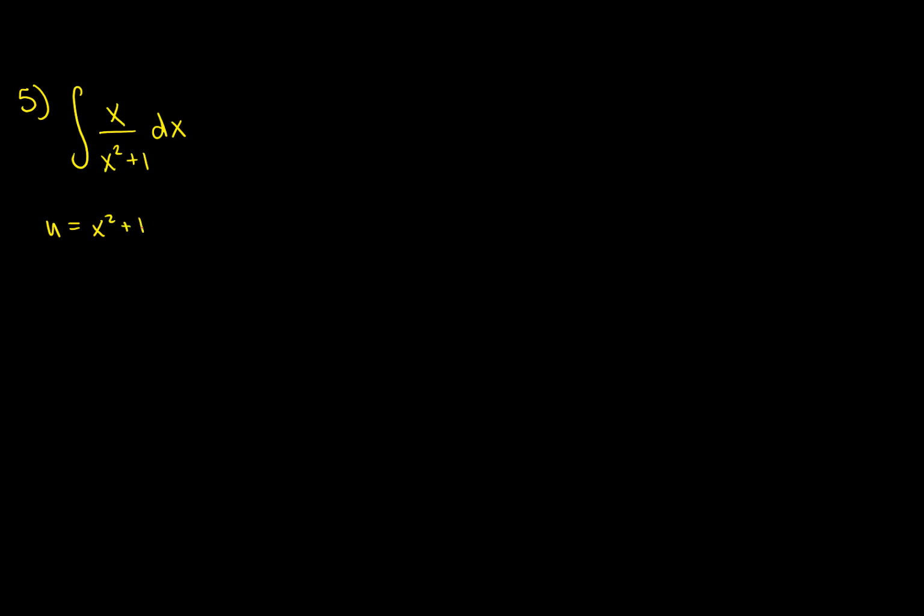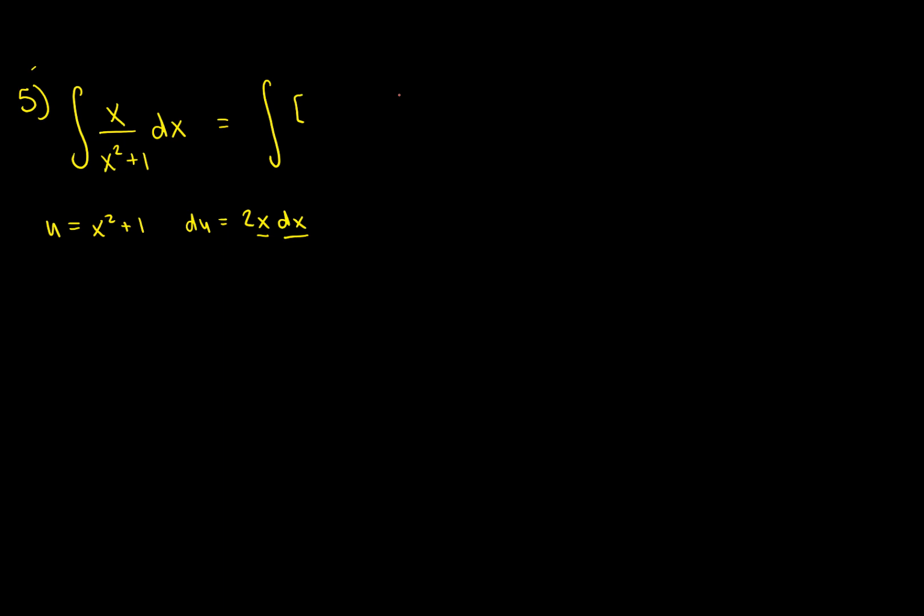Yeah, so in this case, let's do the denominator, x squared plus 1. All right, so let's look at du. So the du needs to be 2x dx. Then we just need to look at this. Do we have all the pieces? Well, I have the dx and I have the x. The only thing I'm missing is the 2.